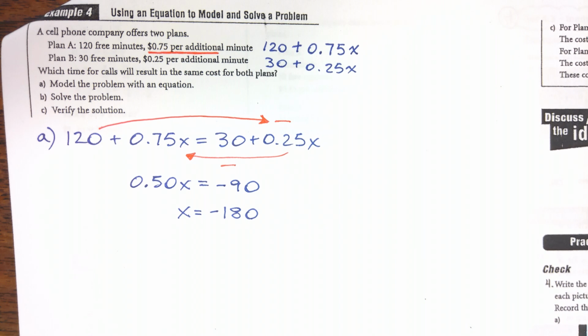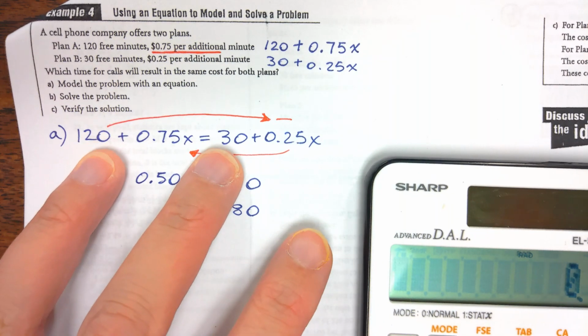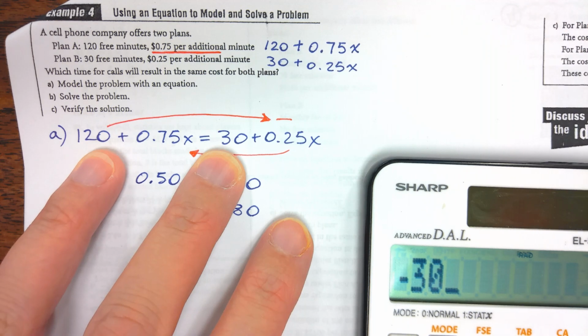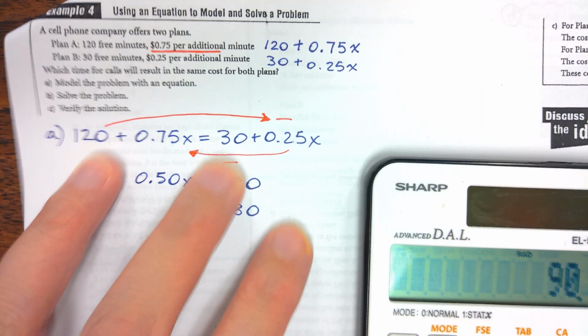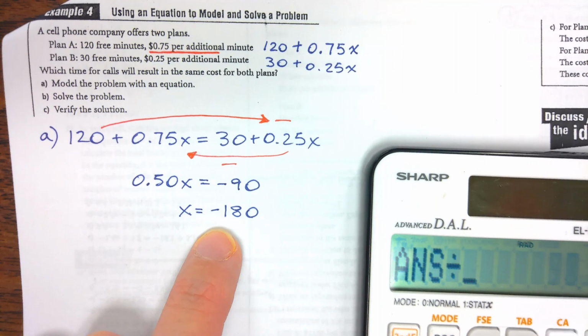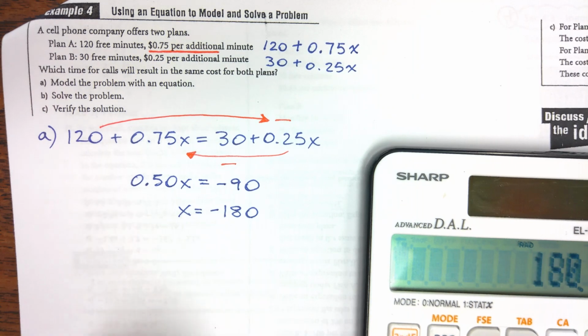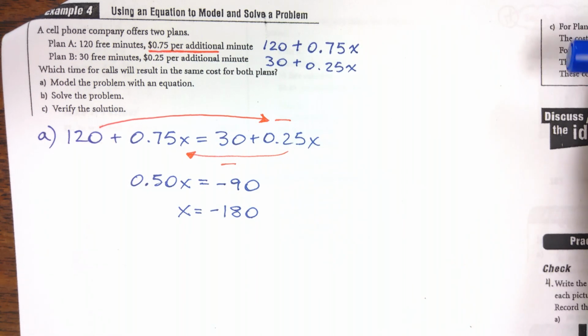Oh yeah. If it's negative and negative, then negative 30 plus 120 will actually give me 90. 90 divided by 0.5, I will get the positive 180.